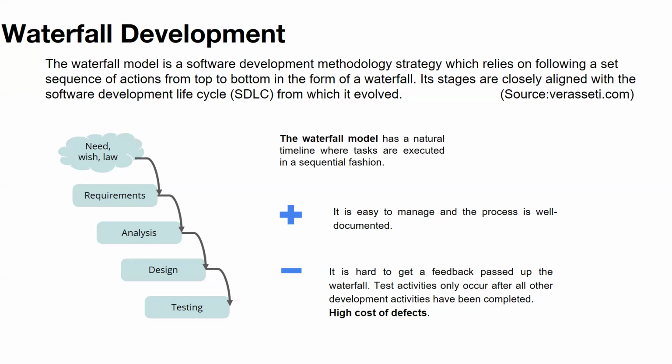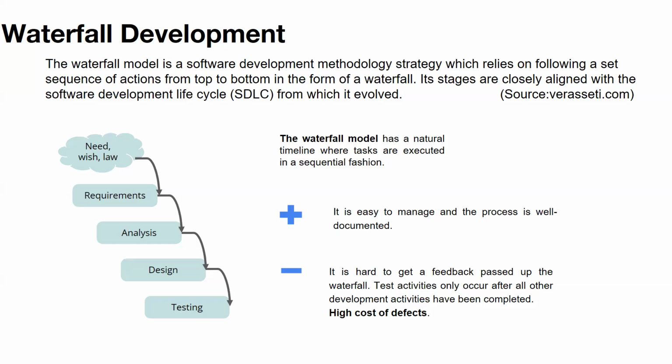So it has a natural timeline where tasks are executed in a sequential fashion. It's easy to manage and the process is well documented. That's a plus. But what is negative is it's hard to get feedback fast up the waterfall. Test activities only occur after all the development activities have been completed. High cost of defect. Why are we saying that? Testing happens at the end, the last stage, right?